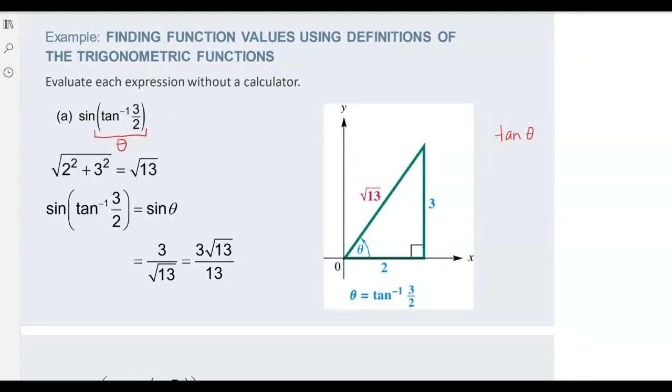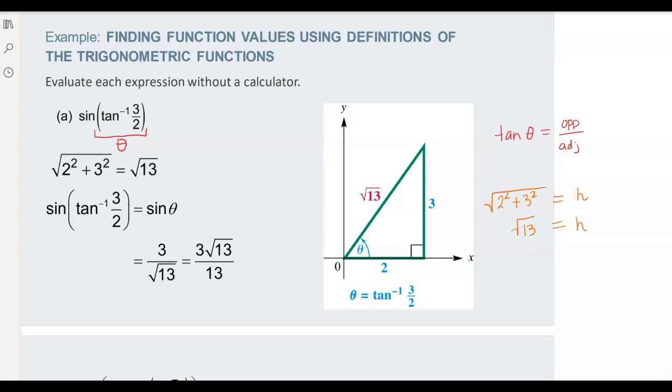Tangent is the opposite side over the adjacent side. So we put a 3 across from the angle and a 2 next to it. And then we use the Pythagorean theorem to find the hypotenuse. So we said that 2 squared plus 3 squared will give us the hypotenuse. And so that's where we're getting this square root of 13.